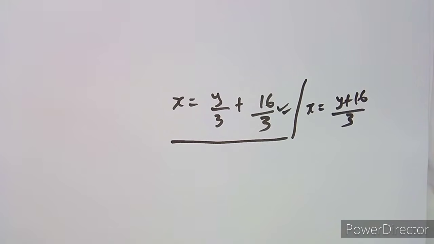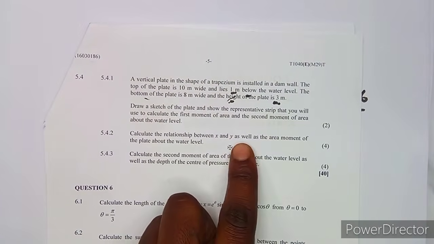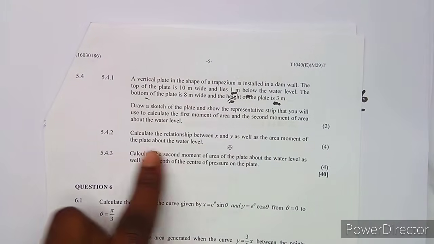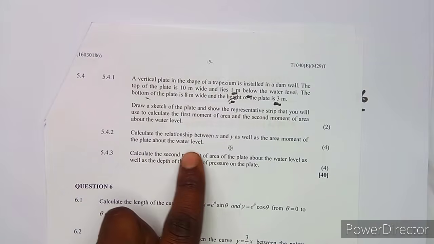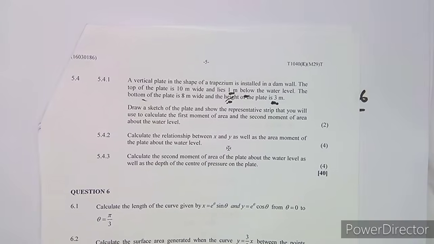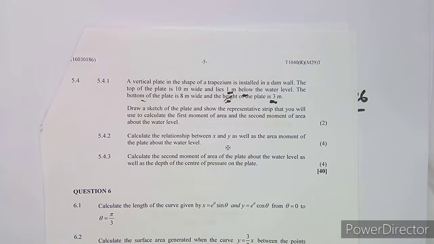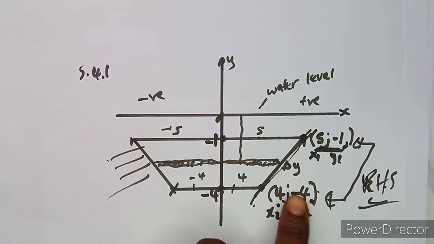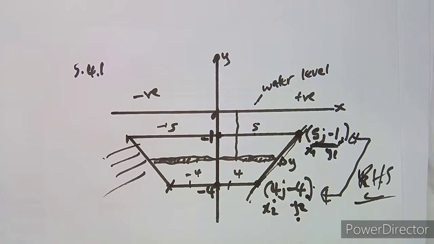But the other question is asking us to calculate as well the area moment of the plate about the water level. Okay, so the area moment, this is the first area moment that we are talking about. So now, from the diagram that we had here, remember we are talking about a representative strip, which is in terms of y there.